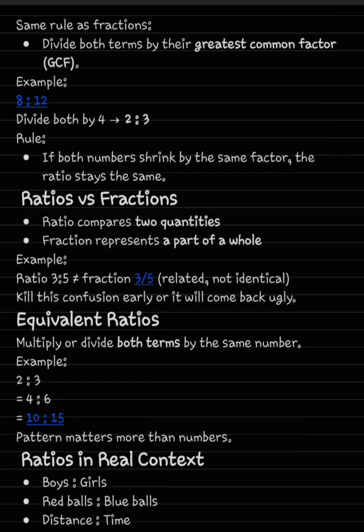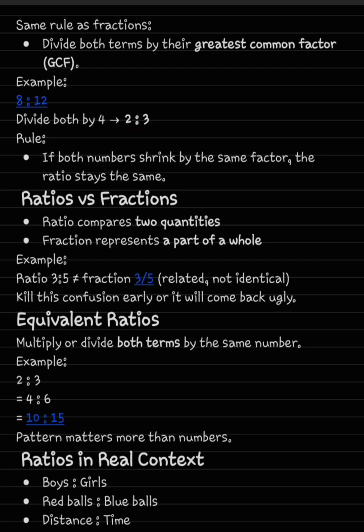Simplifying ratios. The process of simplifying a ratio is identical to the logic used in simplifying fractions. To express a relationship in its most basic form, you must identify the greatest common factor, or GCF, and divide both terms by that number. Example: if we have a ratio of 8 to 12, we observe that both numbers can be divided by their GCF, which is 4.